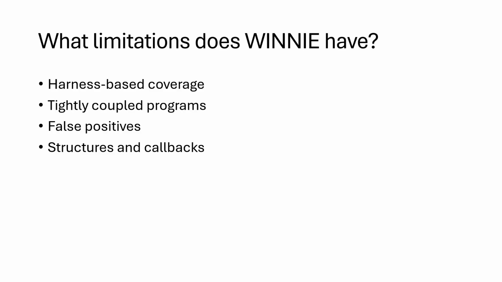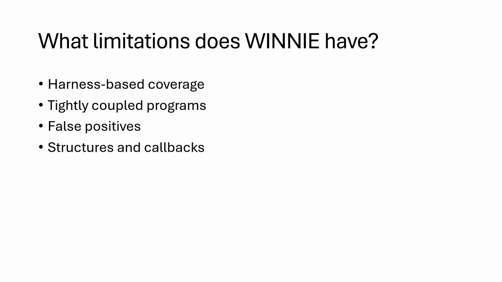And the paper argued that 95% of harnesses need minimal fixes, which is still 95% of the harnesses needing fixes. So take it with a grain of salt. But ideally, you'd want harnesses that work out of the box and don't cause issues that the real program would never face. And then lastly is structures and callbacks.